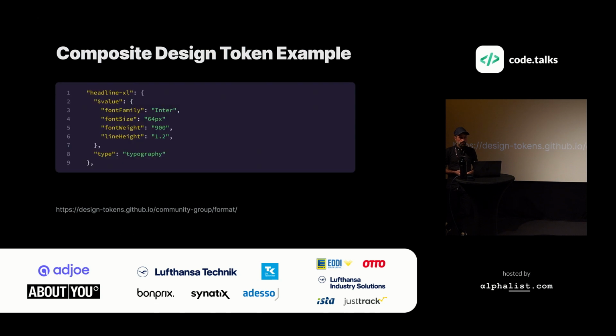So that's how it looks like. I think not too unfamiliar, so it's really easy in the beginning to understand that we group different related values together and apply it to probably our largest headline here.